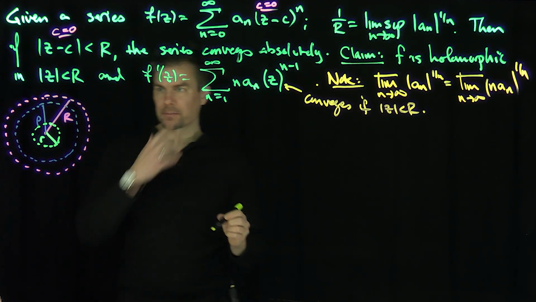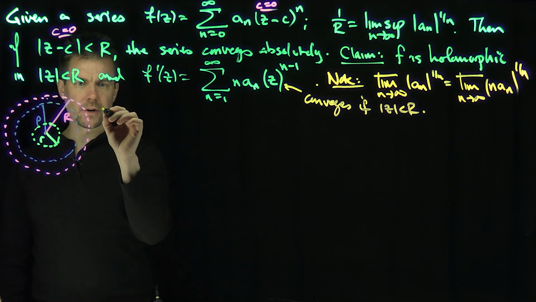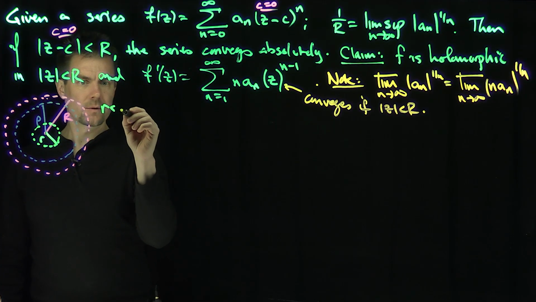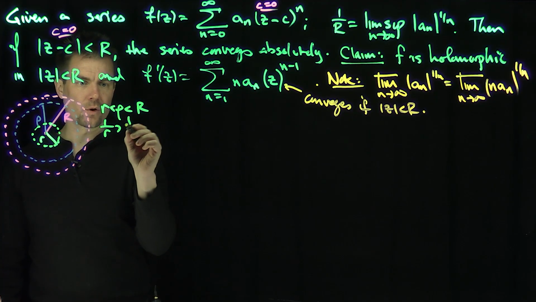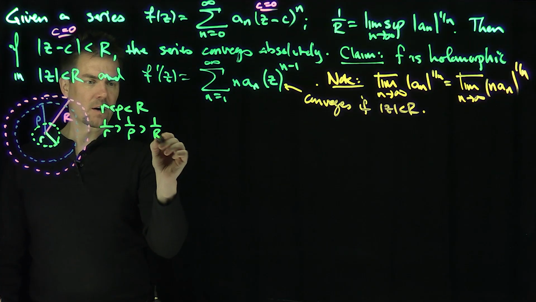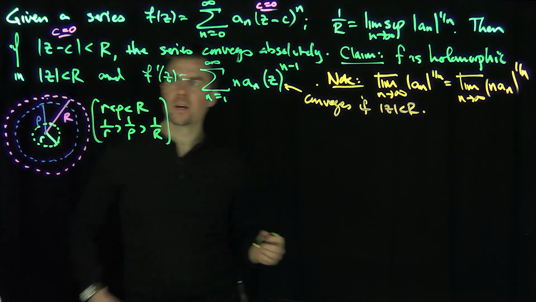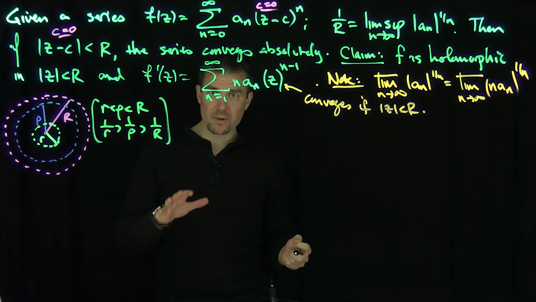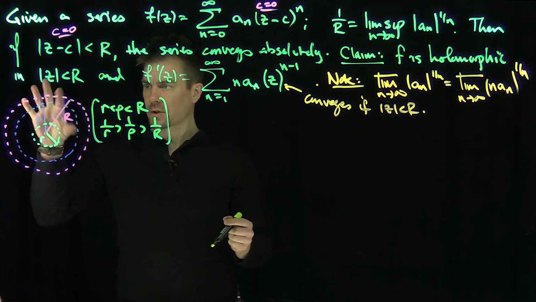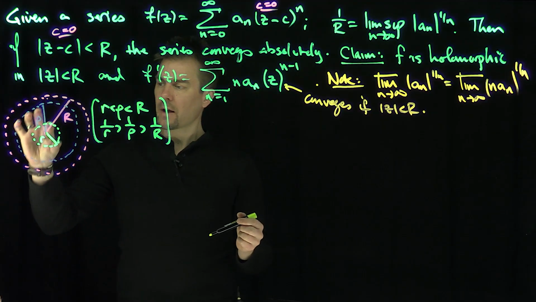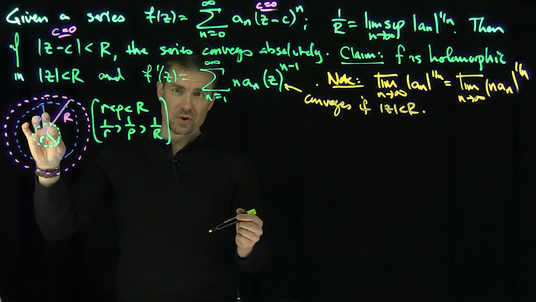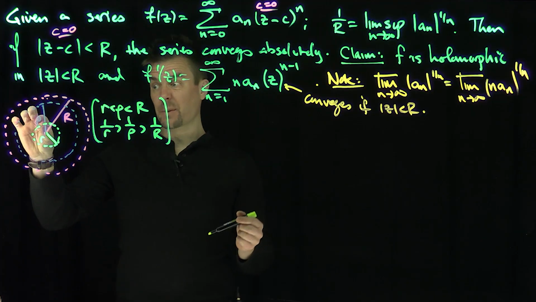So in our configuration, little r is less than rho, which is less than r, which means the reciprocal relationship holds: 1 over little r is bigger than 1 over rho, which is bigger than 1 over r. So in other words, I'm assuming that configuration. And let's assume that modulus of z and modulus of w are less than little r. So if we're in the region modulus of z less than r, I can assume that modulus of z and modulus of w are less than some little r, which is smaller than that, and there's a little bit bigger rho.